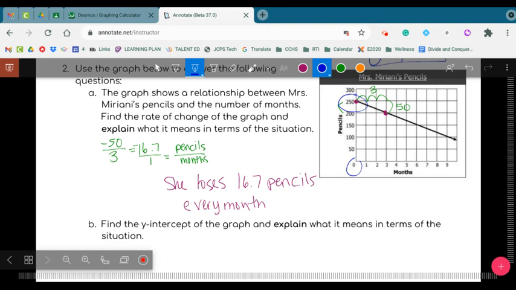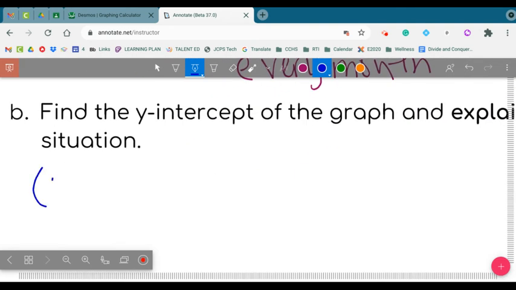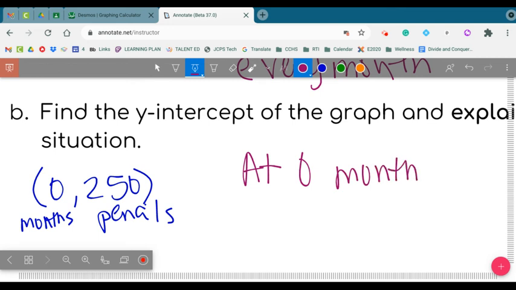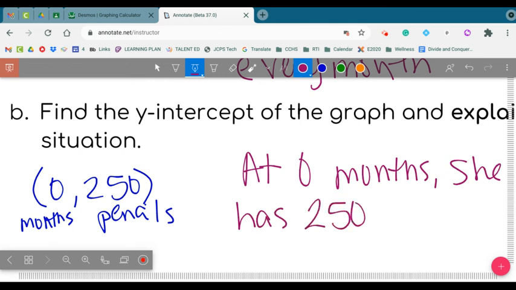So 0 to 250. 0 is our months. 250 is our pencils. So this means at 0 months, she has 250 pencils.